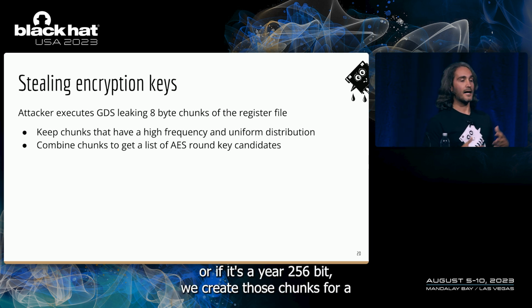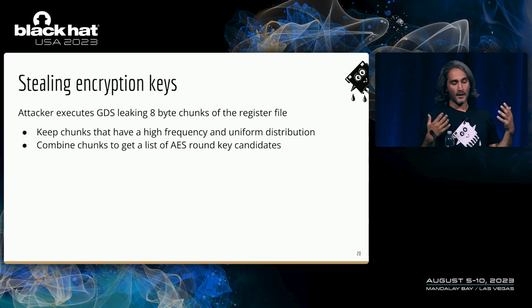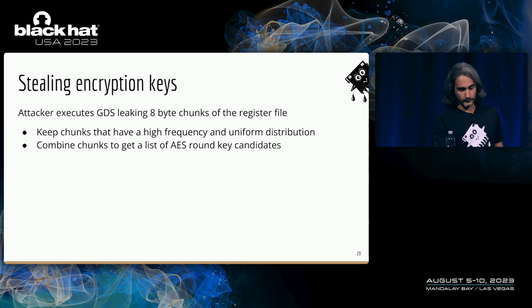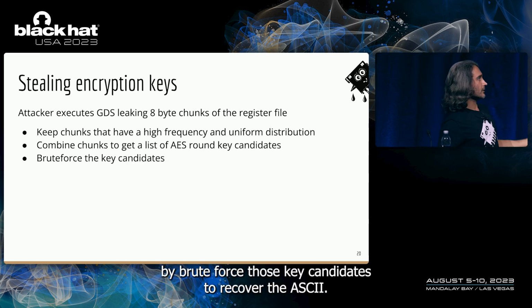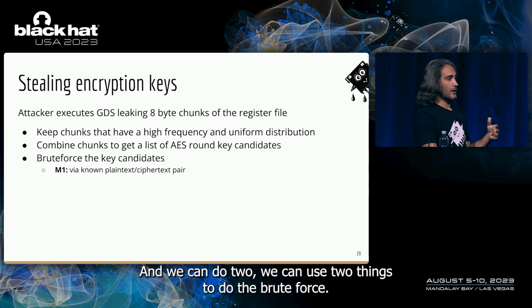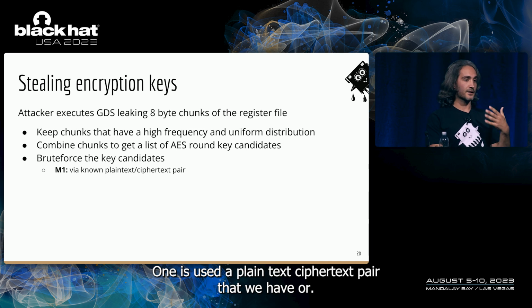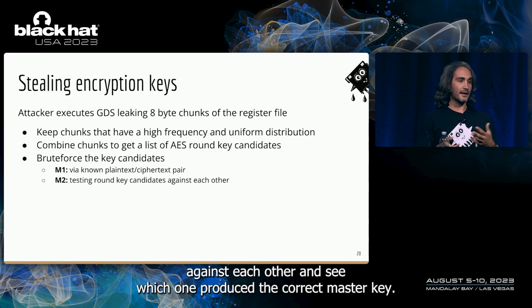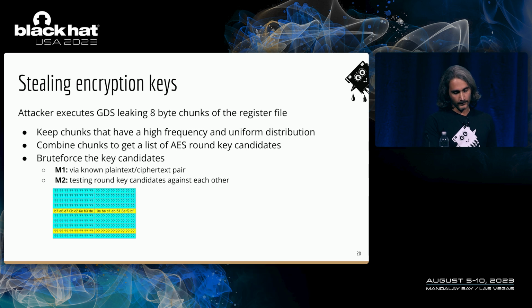Or if it's an AES 256-bit, we create those chunks for 32-byte key candidates. And then we brute force those key candidates to recover the AES key. And we can use two things to do the brute force. One is to use the plaintext-ciphertext pair that we have, or alternatively, we can just test these round keys we have recovered against each other and see which one produced the correct master key.